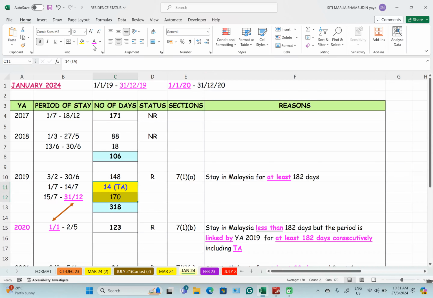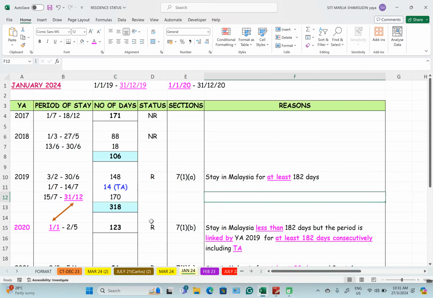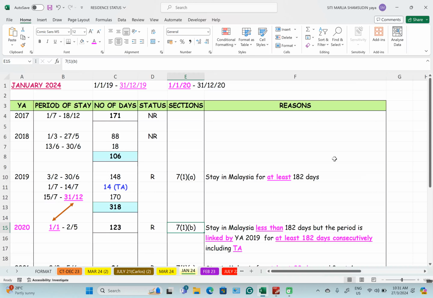Okay, therefore, for YA 2020, everyone, the answer is resident, section 7, subsection 1B. How do we give reason, everyone? Stay in Malaysia less than 182 days, 1 tick. But the period is linked by. This is linked by.